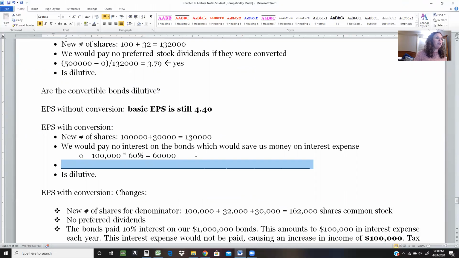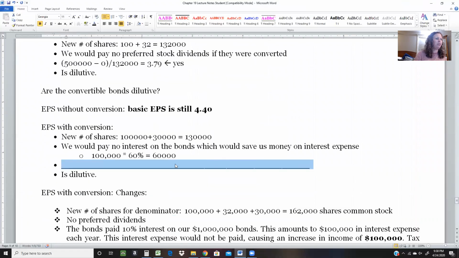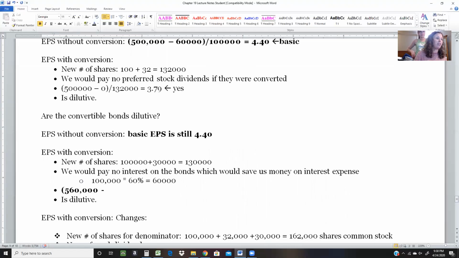So my new net income, it used to be 500,000, so now I'm going to use 560,000. And I am still going to subtract the preferred dividends because I'm just trying to look at the effect of just this one item.